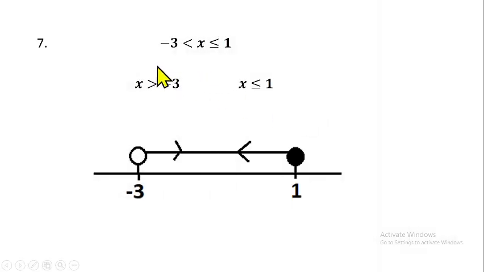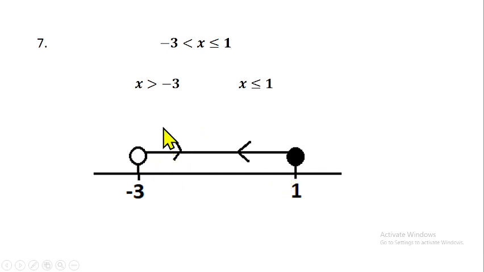Let's see another one. We have minus 3 is less than x, less than or equal to 1. You can break it down into two. We have x less than or equal to 1, then x is greater than minus 3. Now you can represent this on the number line. One of these is strong and the other is weak, so this circle is not shaded, but this one is shaded.